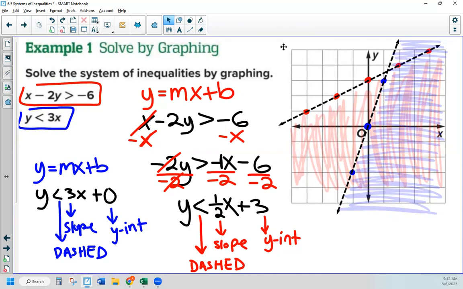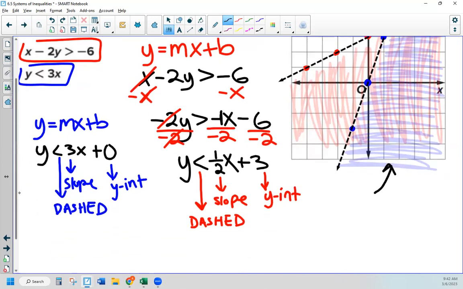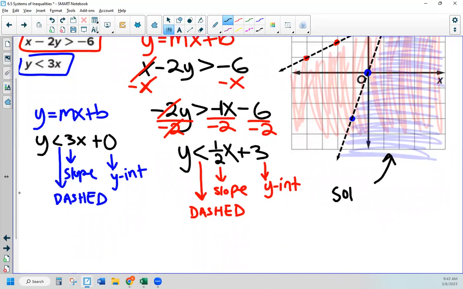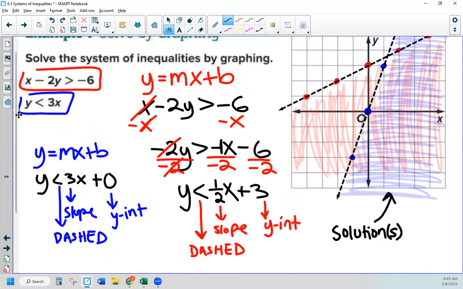Okay. And now I can say, where is my solution located? My solution is located right here. So I'm just going to write a little snippet saying solution. And I'm going to put parentheses here because we have an infinite amount of points. Every single point within this region, where the red and blue shading is happening, is where my solutions are.